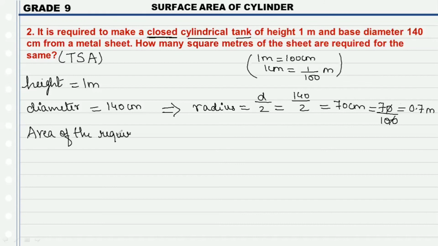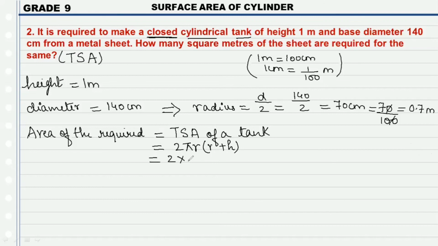Area of the sheet required will be equal to what, students? Total surface area. If you have to make a closed cylindrical tank, then how much sheet will be needed? It means you have to make the complete cylinder, cover it completely. It means that will be your TSA of a tank, right? You are covering all the 3 faces. So the formula here is 2 pi r in the bracket r plus h. Students, this is the simplified formula. If you are not able to remember it in the exam, you can make your own rough formula in rough work. That is also okay.